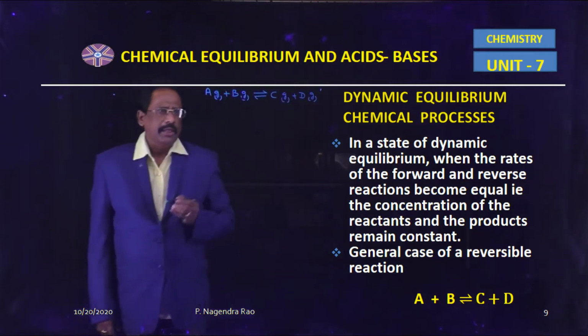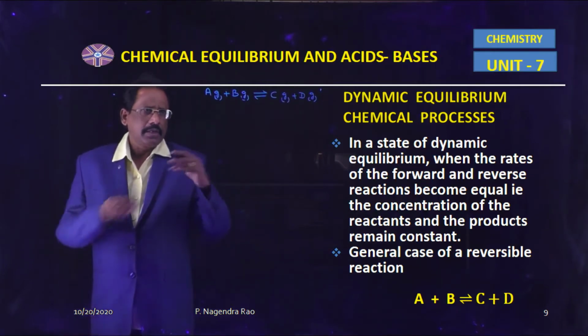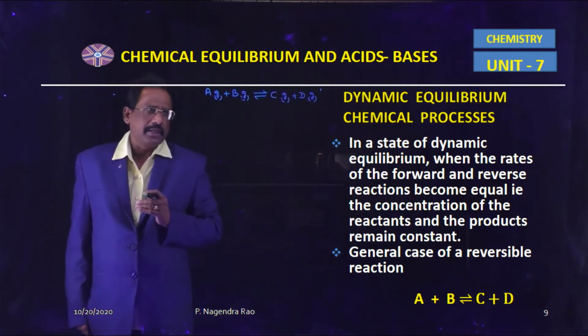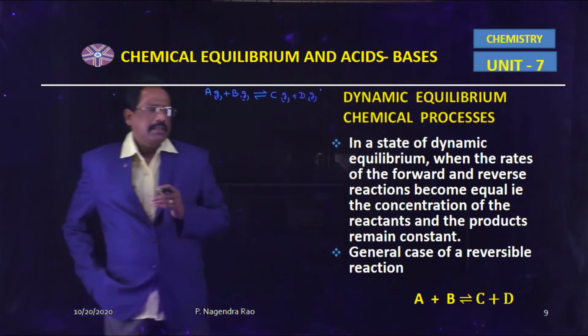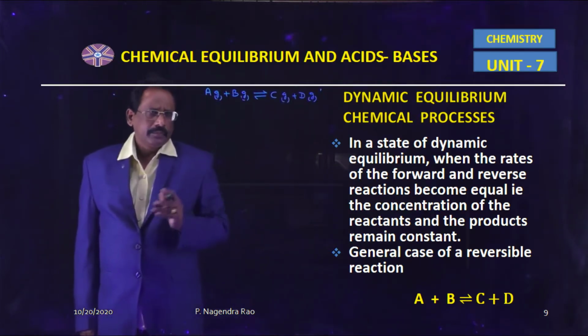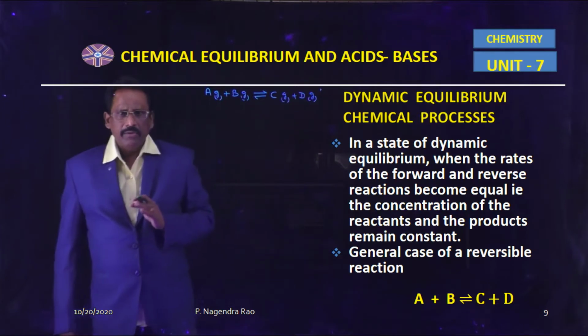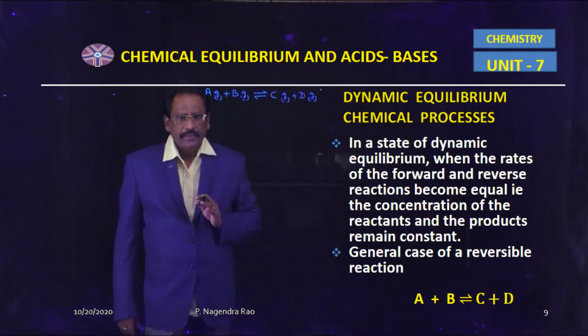In this chemical reaction, A and B are involved in the chemical reaction, and C and D will be formed. In this example, both the reactant side and product side contain only gases.